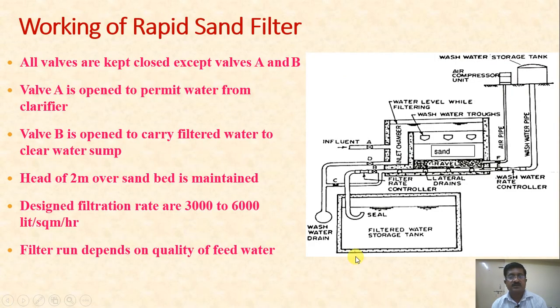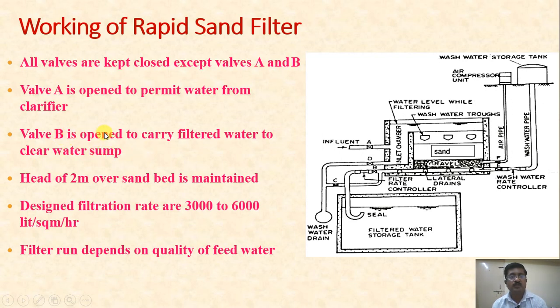Now let's see how the working of the rapid sand filter takes place. All valves are kept closed except valve A and B. Valve A is open to permit the water from the clarifier, that we have seen.